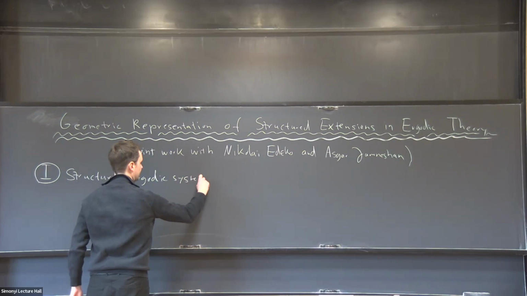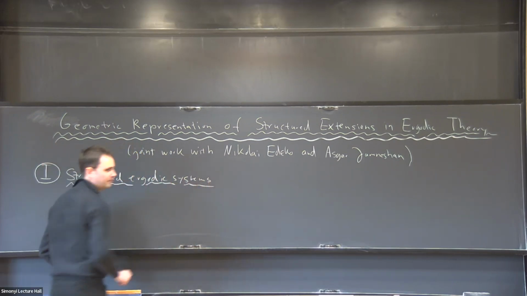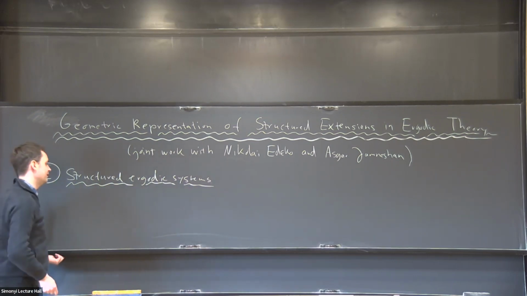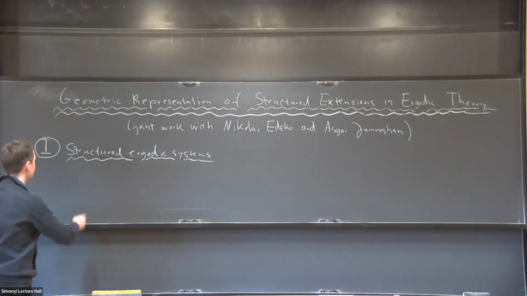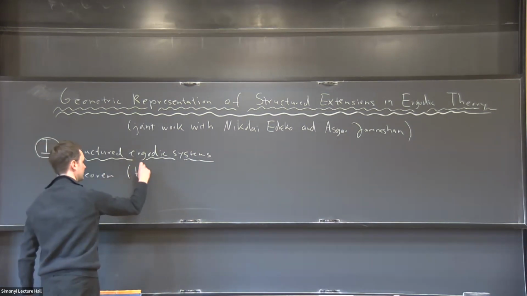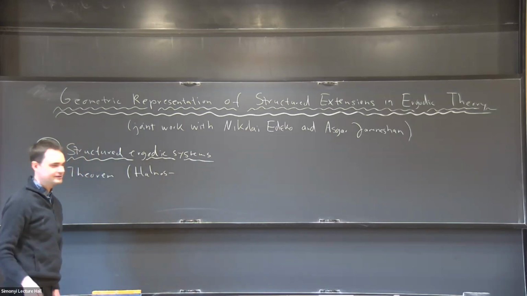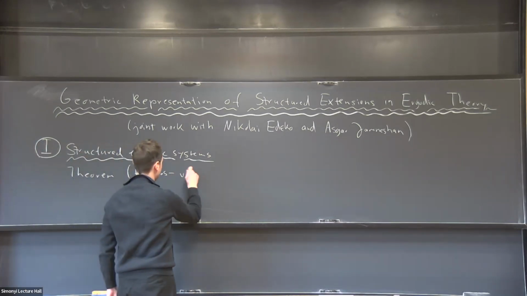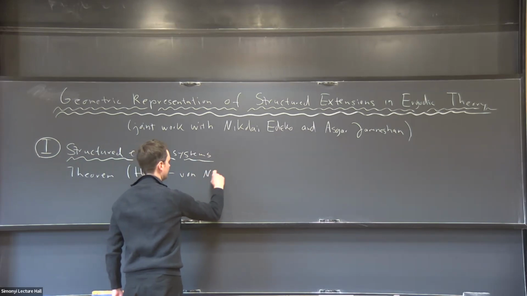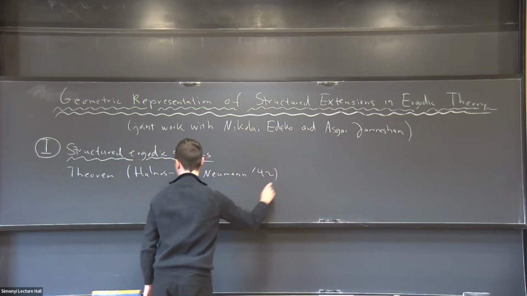And in this context, there's the following theorem, which is probably known to many of you, due to Paul Halmos and John von Neumann. The so-called Halmos-von Neumann representation theorem, which was actually proven while both of them were here at this institute, in the year 1942.